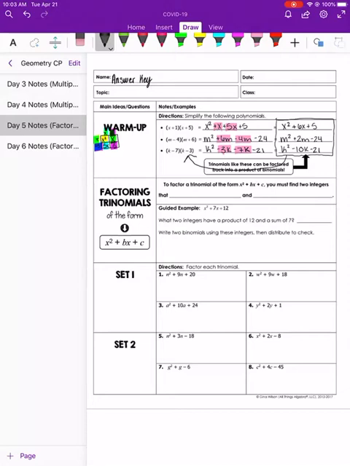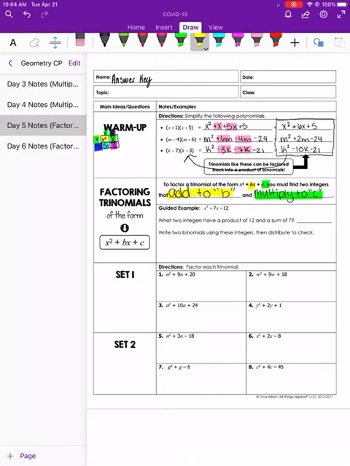So when we factor trinomials, what we want to do is find 2 integers that add to b and multiply to c. So we want them to multiply to c, and then we want them to add to b.